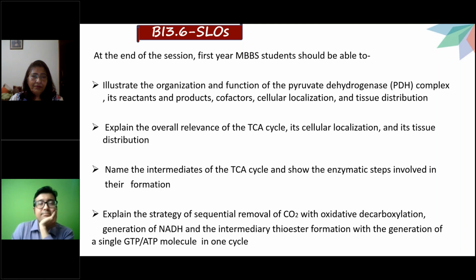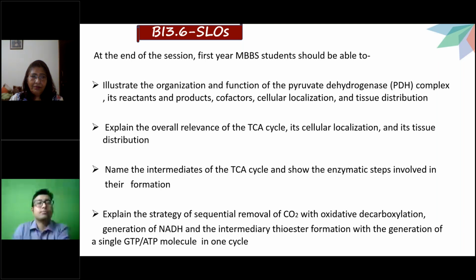Next, they should be able to explain the overall relevance of the TCA cycle, its cellular localization and its tissue distribution. They should be able to name the different intermediates of the TCA cycle and to show the enzymatic steps involved in their formation.